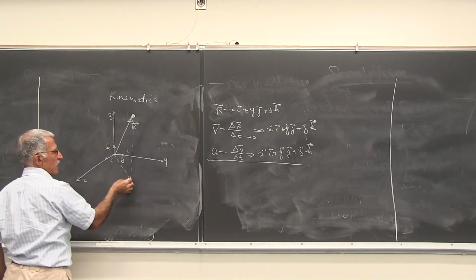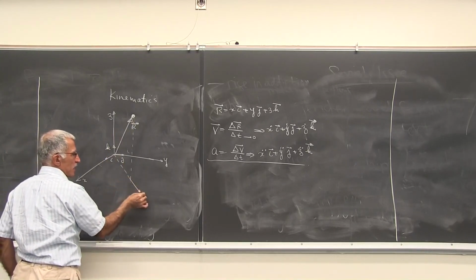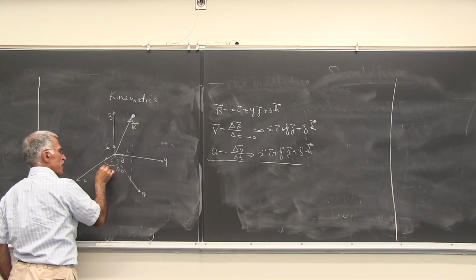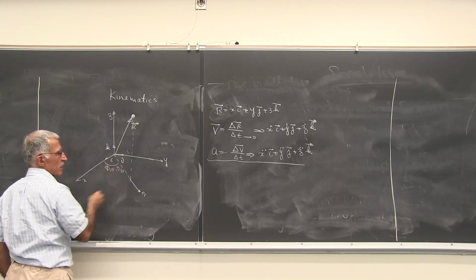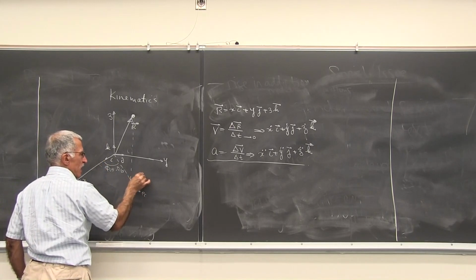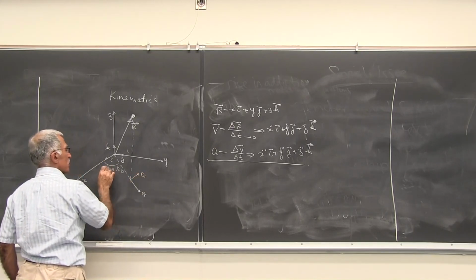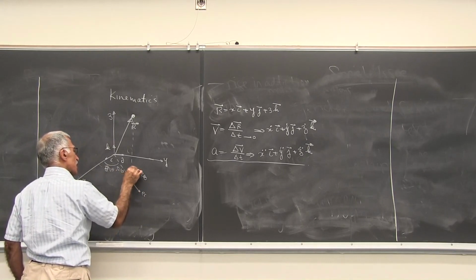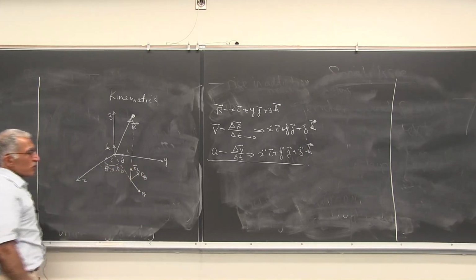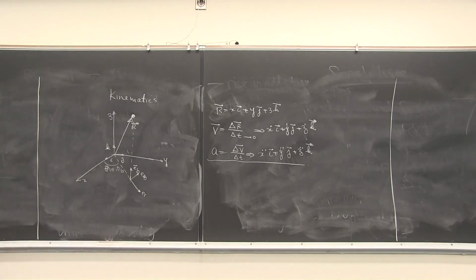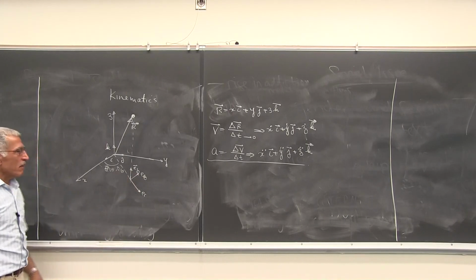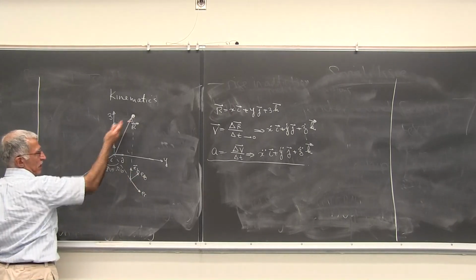The same vector r is defined with unit vectors er, e theta, ez, with theta as a function of time. So your unit vectors this time are different: er, e theta, ez, but it's the same vector.